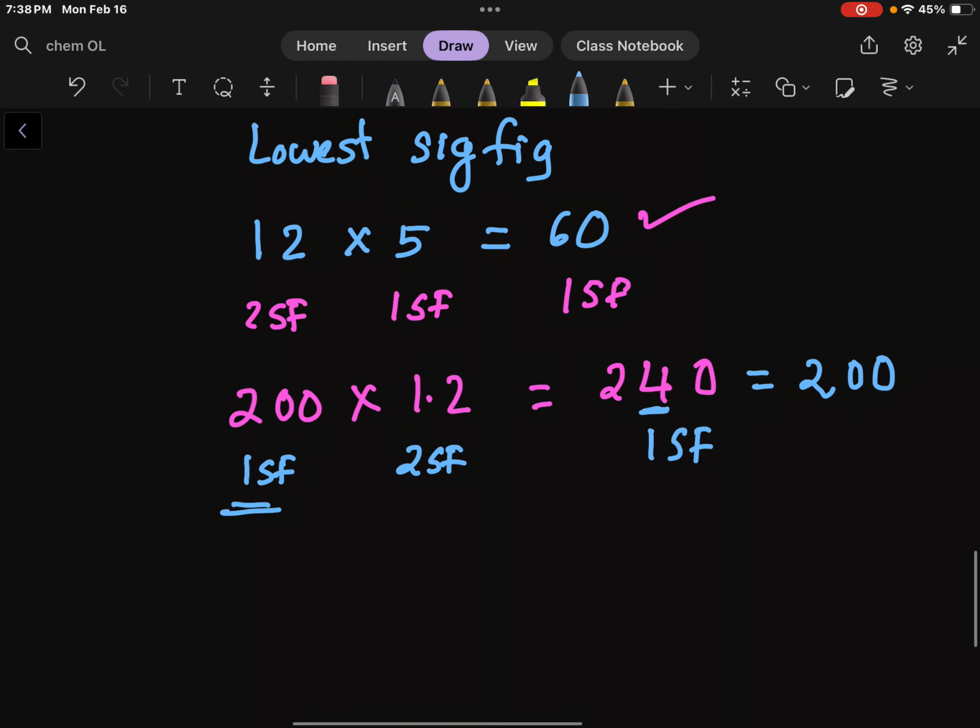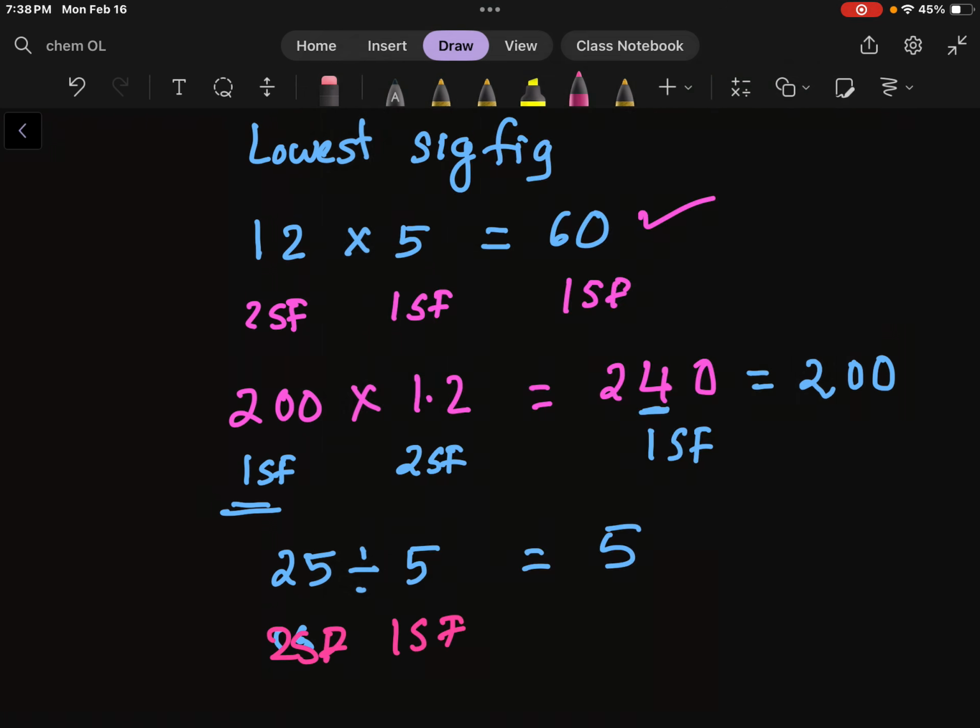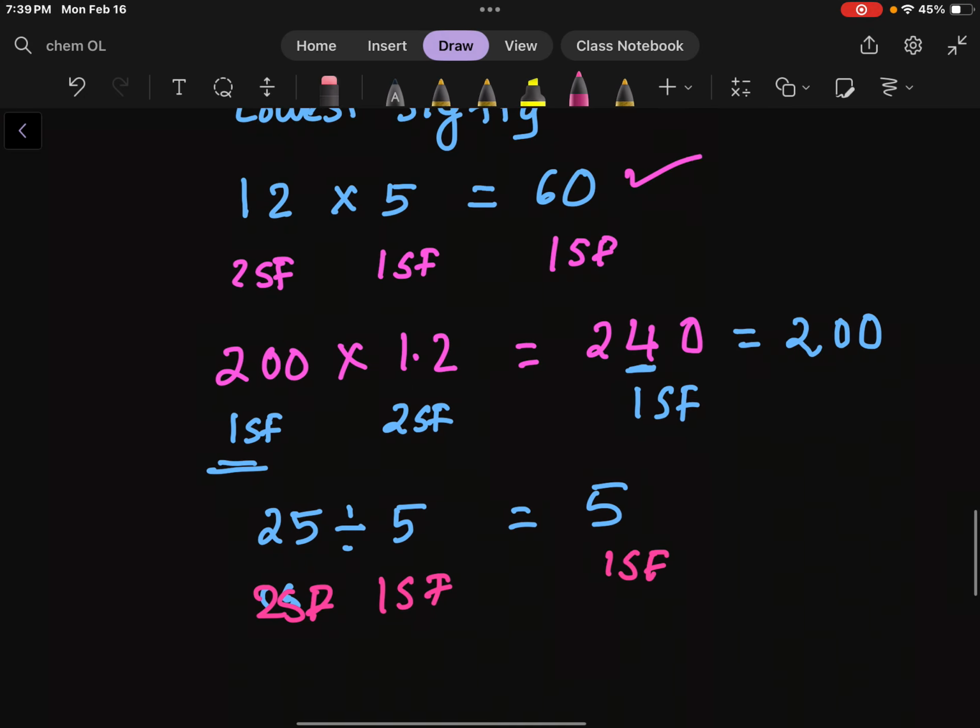We will use the same rule for division also. If you are dividing 25 by 5, you will get an answer 5. This one has 2 sigfigs, this one has 1 sigfig, and your answer needs only 1 sigfig.